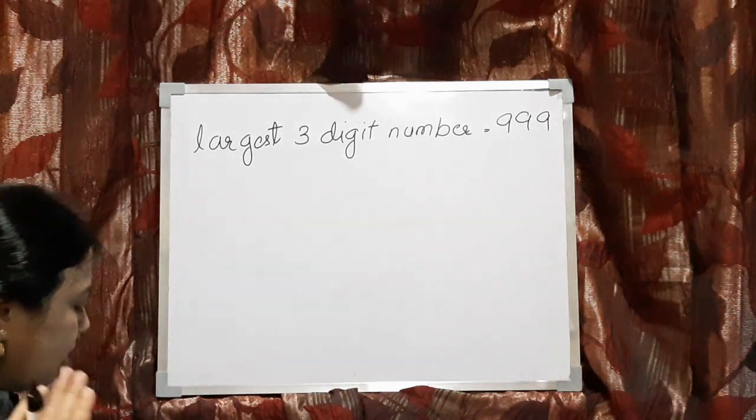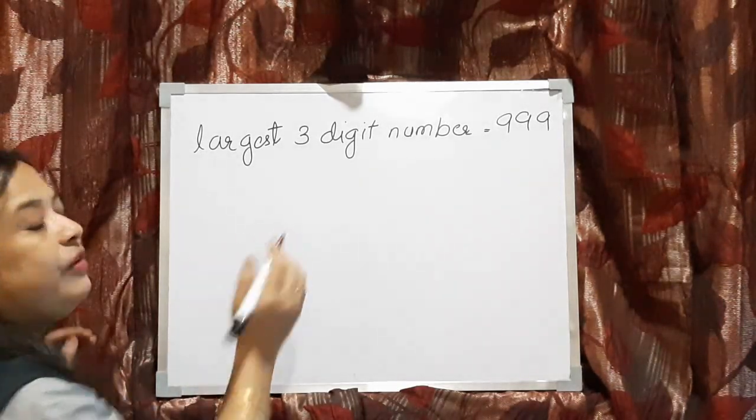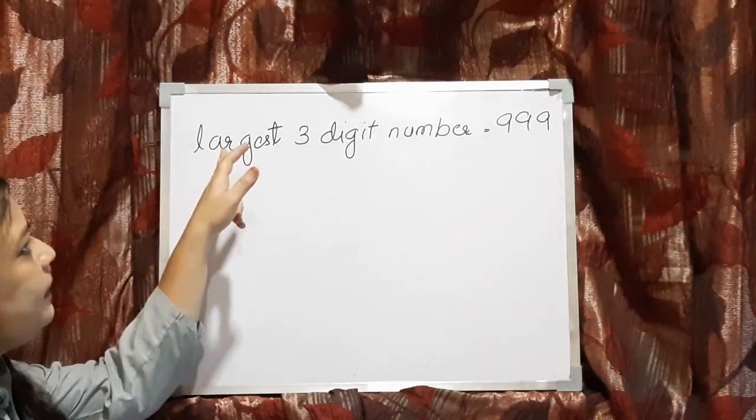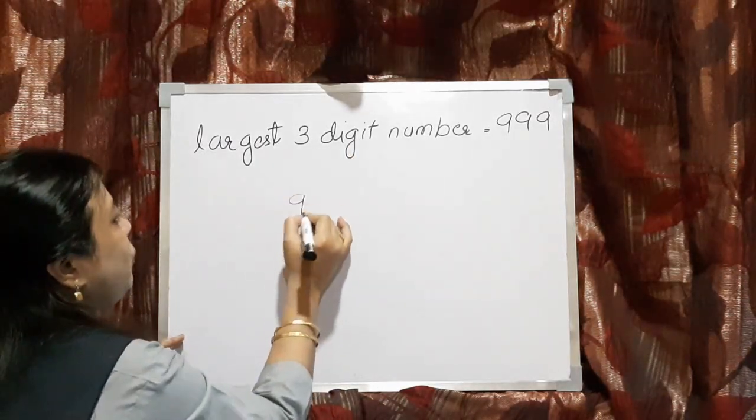Now what is written? Divide the largest 3-digit number by 9. So we have to just write down that the largest 3-digit number is 999, and we will start doing our sum.